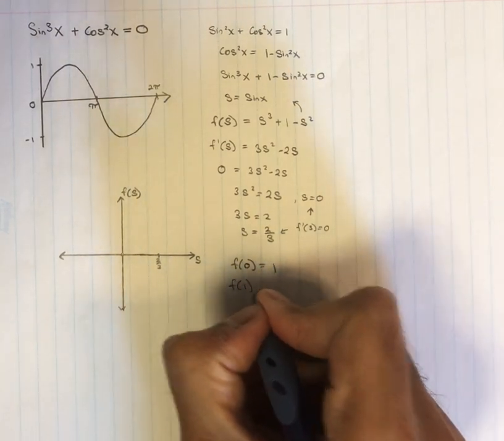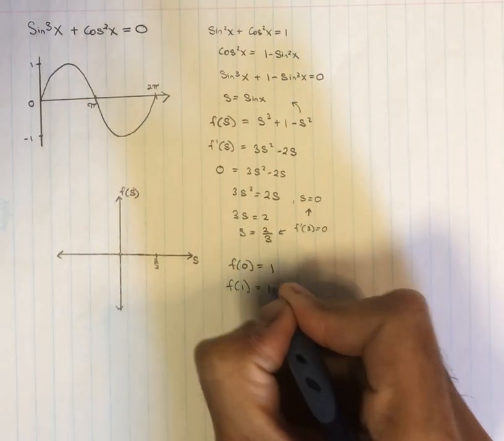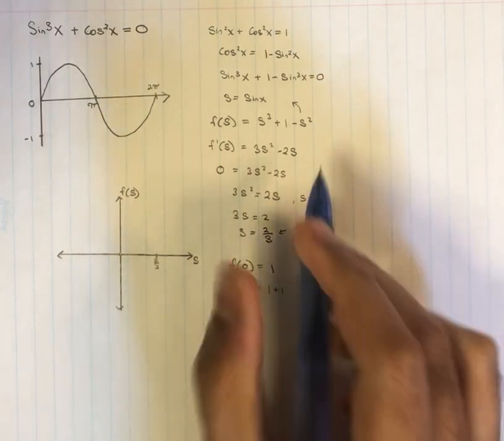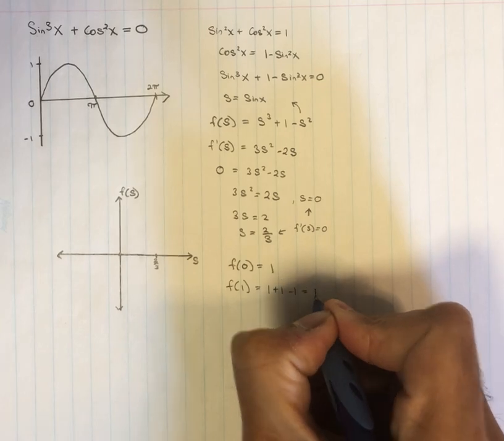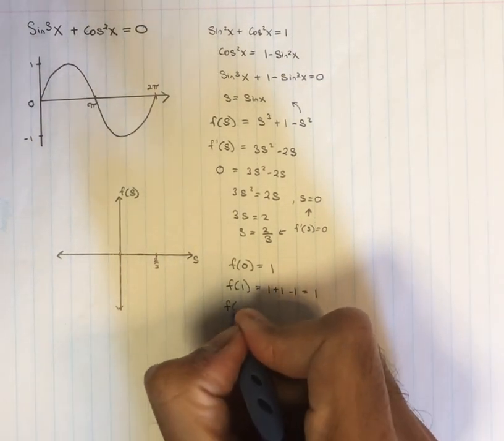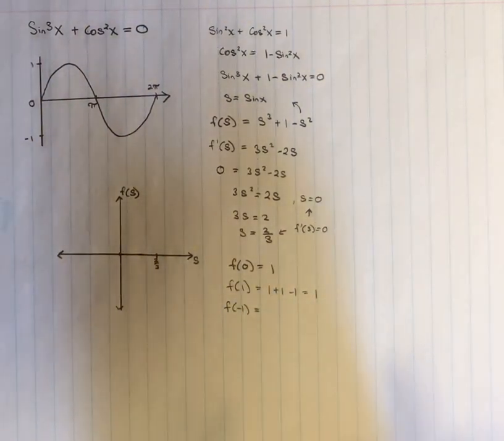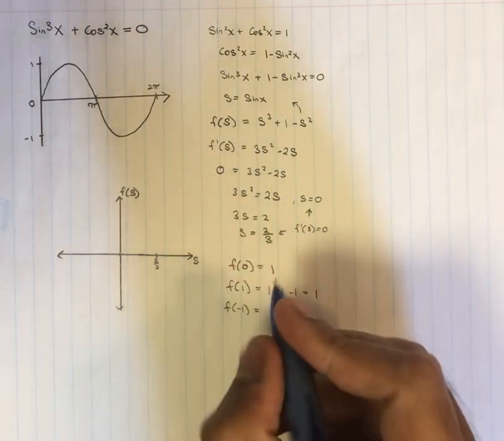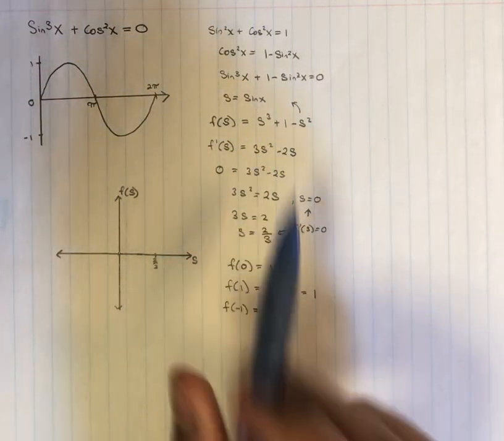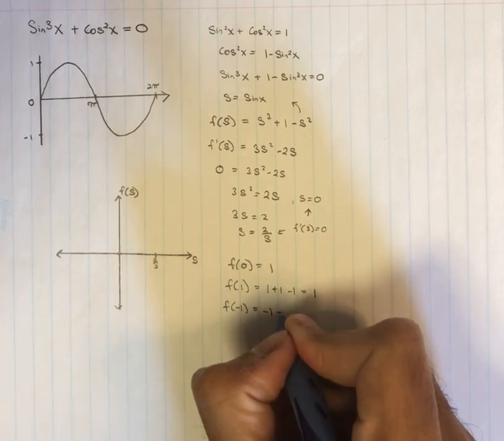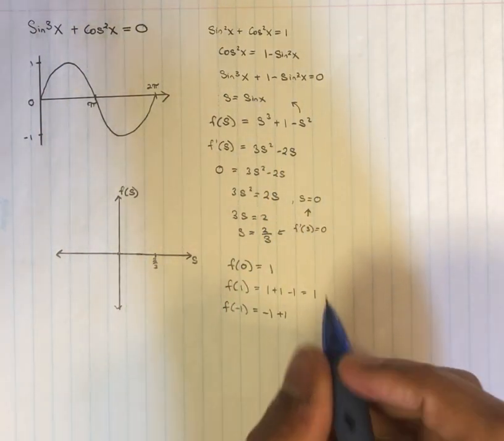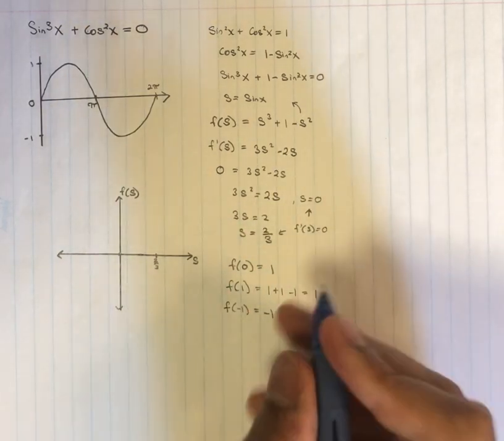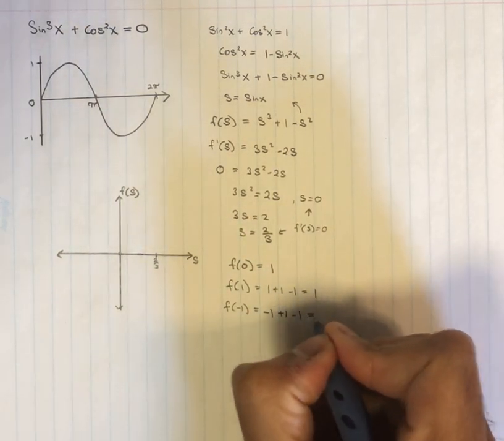F of 1 is equal to 1 cubed plus 1 minus 1 squared, which is just 1. F of minus 1 is equal to minus 1 cubed, which is minus 1, plus 1, and minus 1 squared with a negative, so it's minus 1. So that's equal to minus 1.